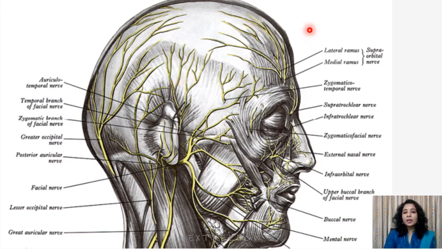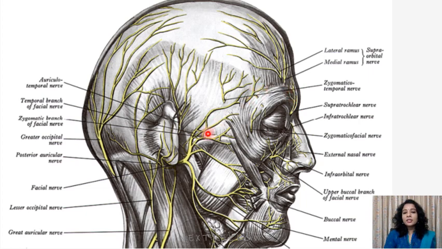Next is the sensory supply, which comes from two major sources. One is the fifth cranial nerve, and posterior to the ear it is the cervical plexus. So there are 4 sensory nerves in front of the ear and 4 behind the ear. The 4 sensory nerves in front are the supratrochlear nerve and supraorbital nerve, which you can see here, and which are branches of the ophthalmic division of the trigeminal nerve.